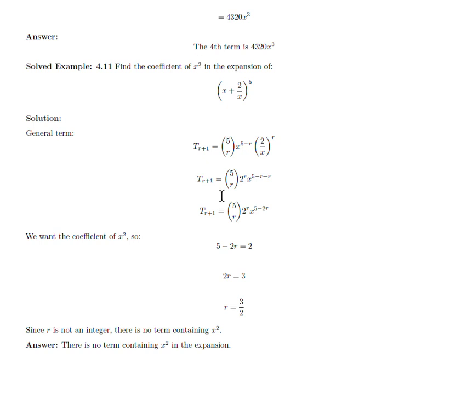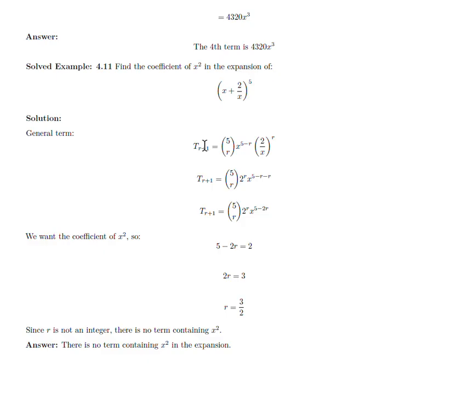We have n is definitely 5, but we don't know what r is because we don't know the particular term where x squared is appearing. So we have to find r, and then we'll be able to get that coefficient of x squared.